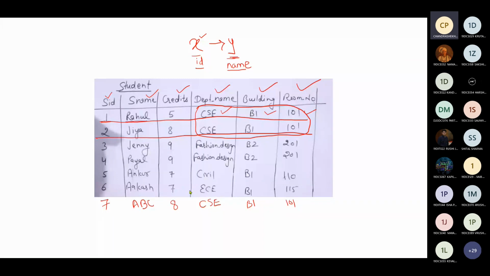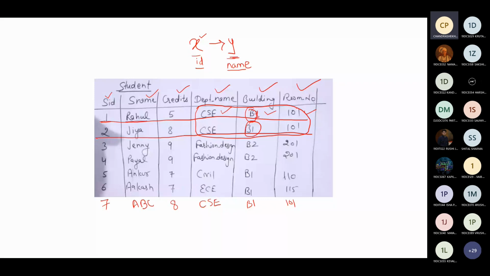Similarly, there is an updation anomaly. If there is an improper query, suppose there is room number 101, and we change the room number of building B1, it is going to change the room number of every record wherever B1 is appearing.